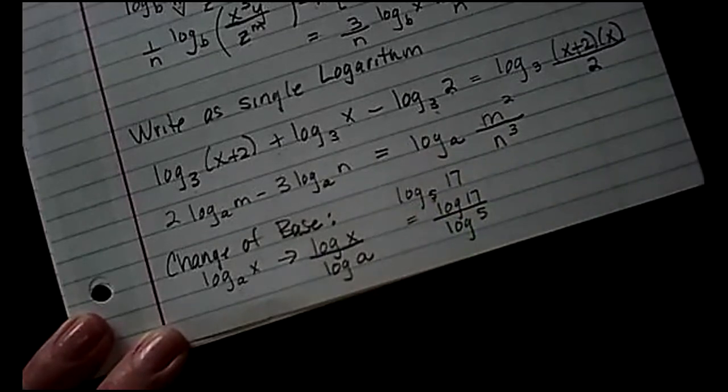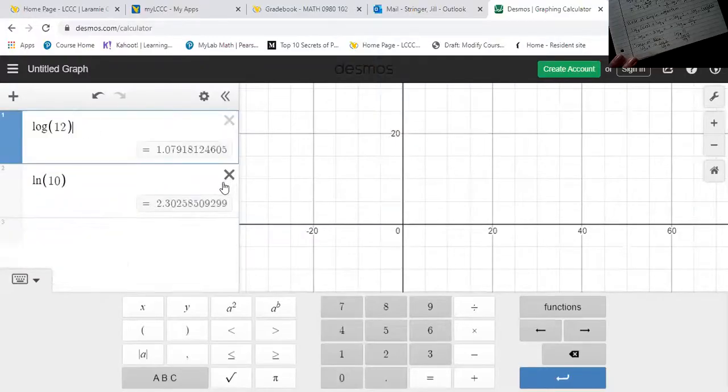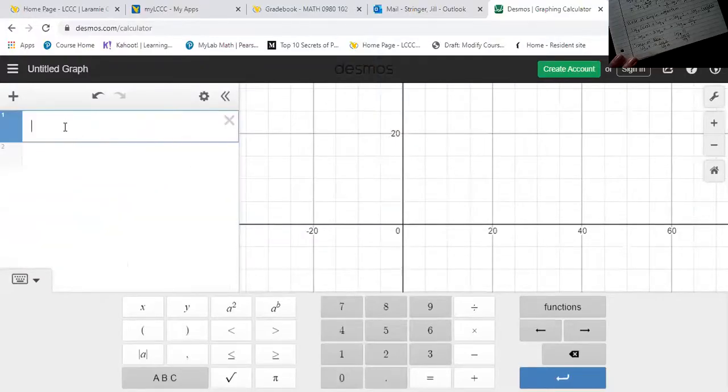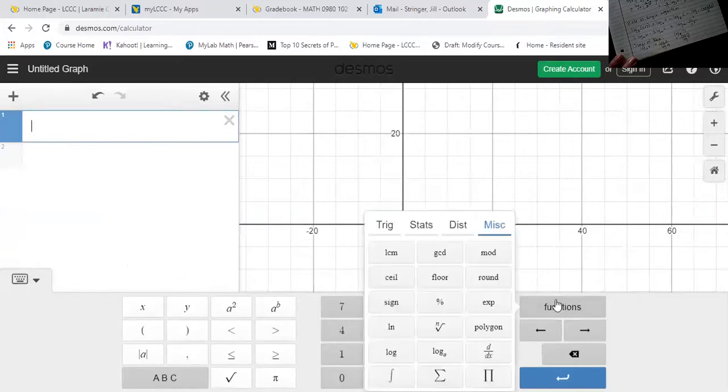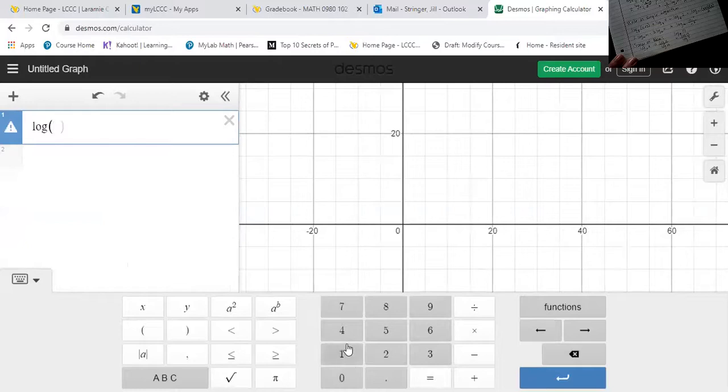So then if you put that into your Desmos, let me just clear those out. All right, so if we put that in here, all we're going to do is do our log of 17, divided by, oh, I did that wrong. Let me go back. I've got to finish that off with a parenthesis.